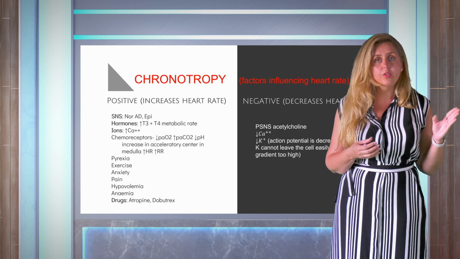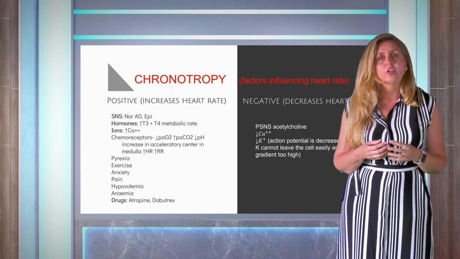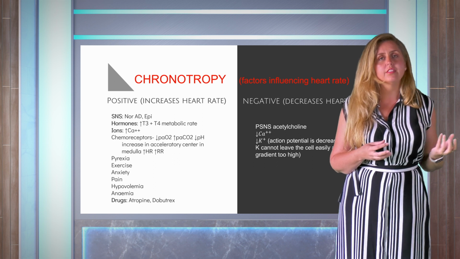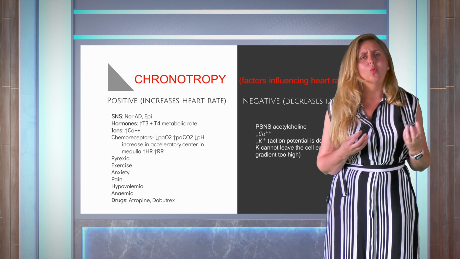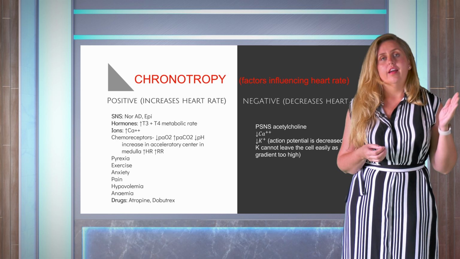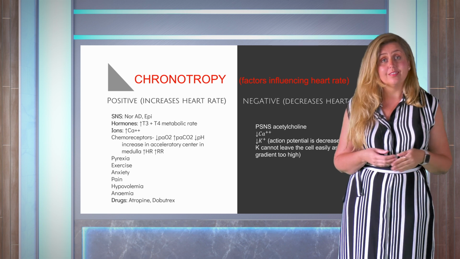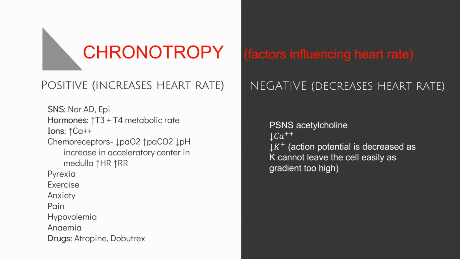So if you see your patient's heart rate going up, you must be able to do a bit of detective work and figure out why this is happening, and we need to think about some of these reasons. On the flip side, we have negative chronotropics, things that decrease our heart rate. That'll be our parasympathetic nervous system, acetylcholine.